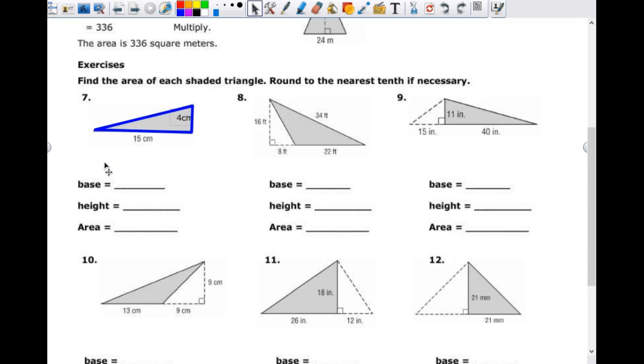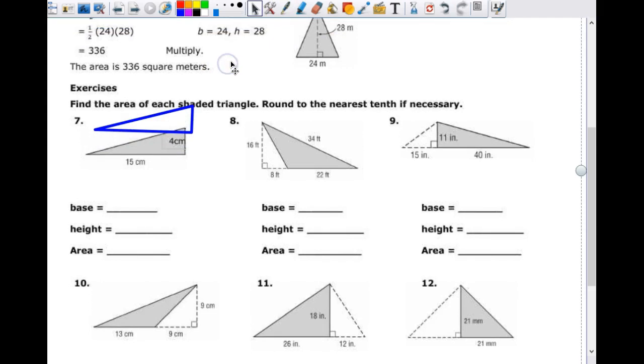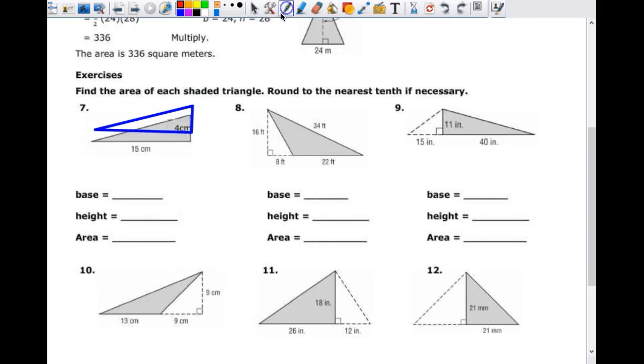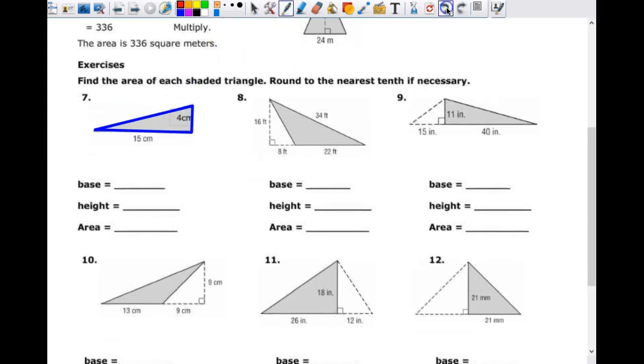We should already know the formula for a triangle is 1/2 base times height, right? If you actually look at the formula, it's being extra. 1/2 base times height. If you look at it, you should notice that base times height is the area of a rectangle.